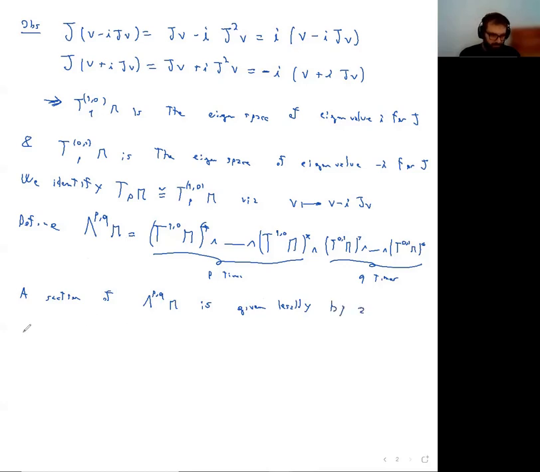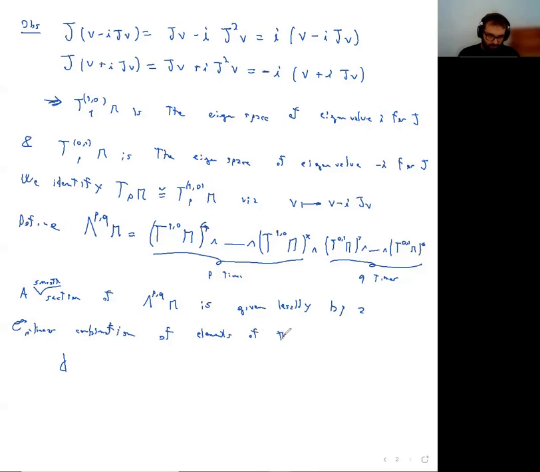By a linear combination, a smooth section, so the coefficients are smooth functions. That's what I'm trying to say. By a C infinity linear combination of elements of this form.